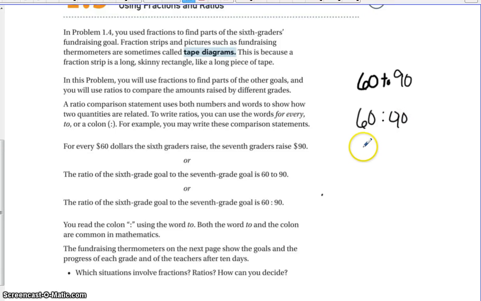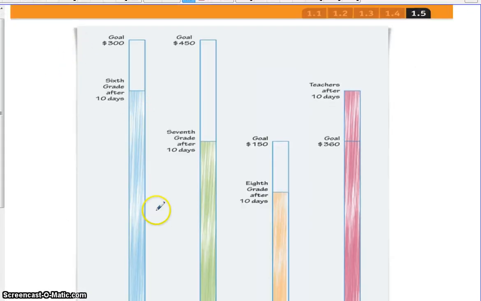And then like I showed you in investigation 1.4, we can have it as 60 over 90. It's still a ratio here because this is just another way to write it. So when we talk about fractions and ratios, it's really up to the problem when we decide what to do. So we are going to take a look at this page here.